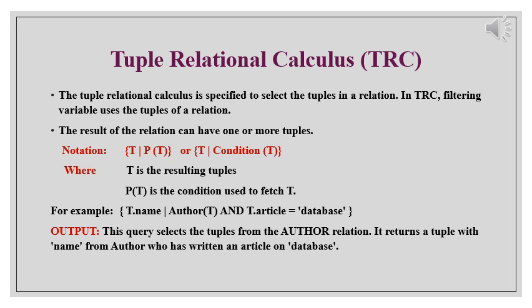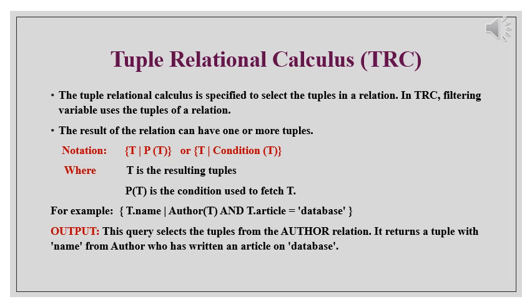For example, we will take T.name where Author(T) and T.article = 'database'. Author is the relation, and T.article means the tuple's article is equal to database.